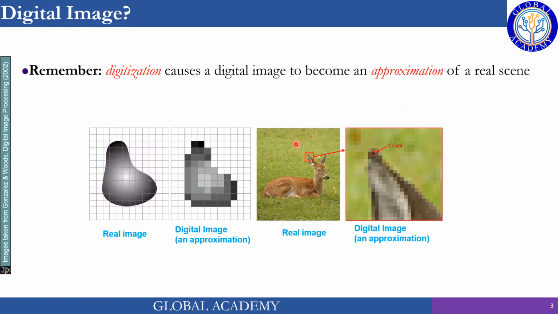Here is an example of an original image and a digitized image. This small image is 14 pixels by 12 pixels, but mostly images are hundreds or thousands of pixels in one dimension, just like the one we have on the right side. A very small region in a red box is zoomed in and 1 pixel is marked in this area.